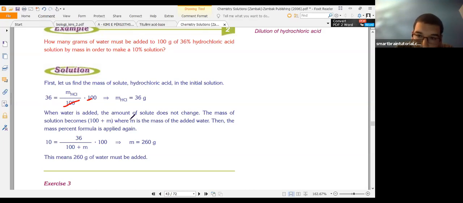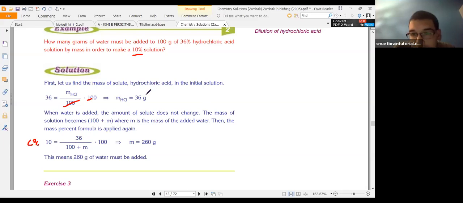In the next step, we will find the mass of water that must be added. What is the final concentration of the solution? It is 10%.